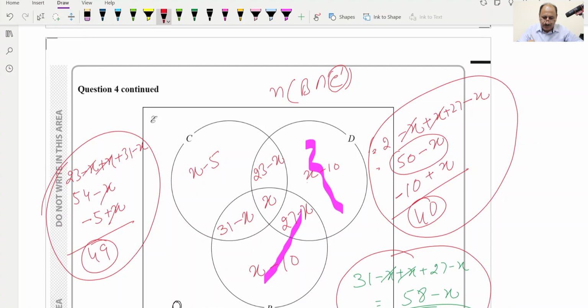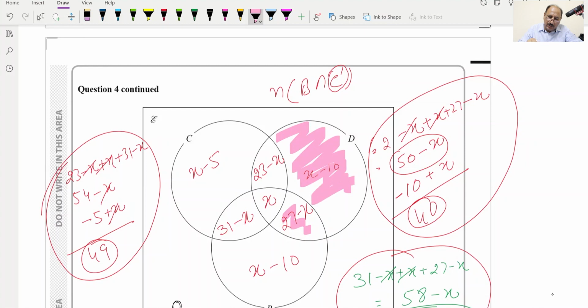Now we'll take the intersection with B. The intersection will be common in both, and that will be basically this area. This one we can indicate, so it will be x minus 10, this area, and plus 27 minus x.